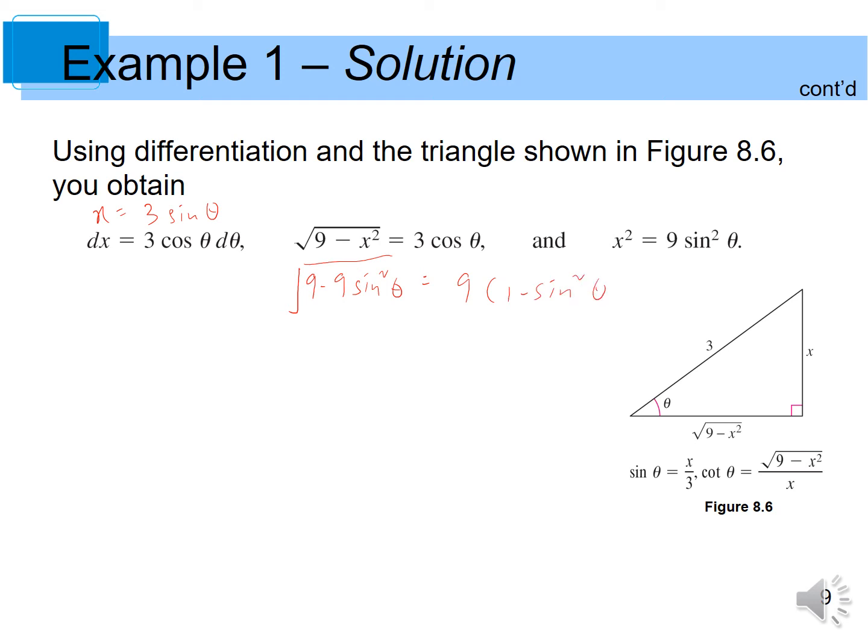We factorize out the 9, and we can convert 1 minus sine squared theta to cosine squared theta. Lastly, we simplify and we have 3 cos theta, because the radical of 9 is 3 and the radical of cosine squared theta is cos theta.